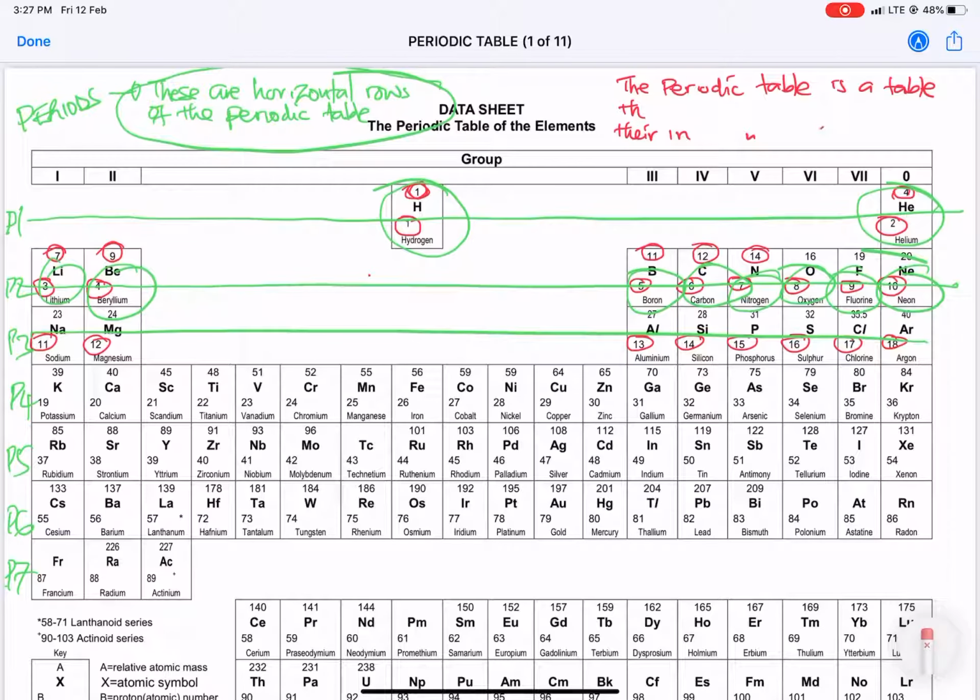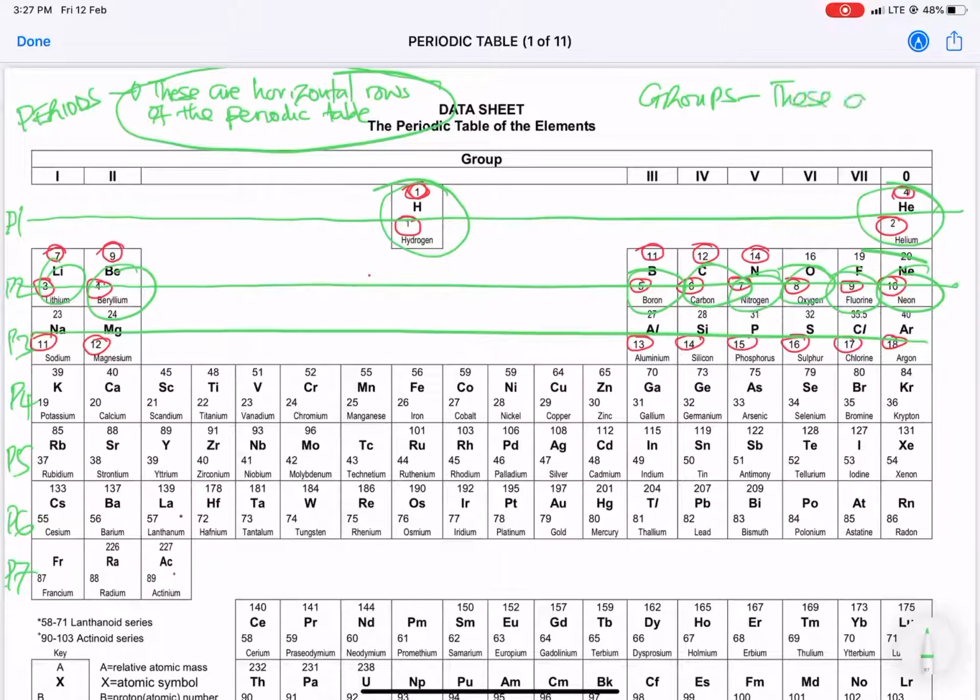But apart from periods, the periodic table has got groups. Okay, groups.